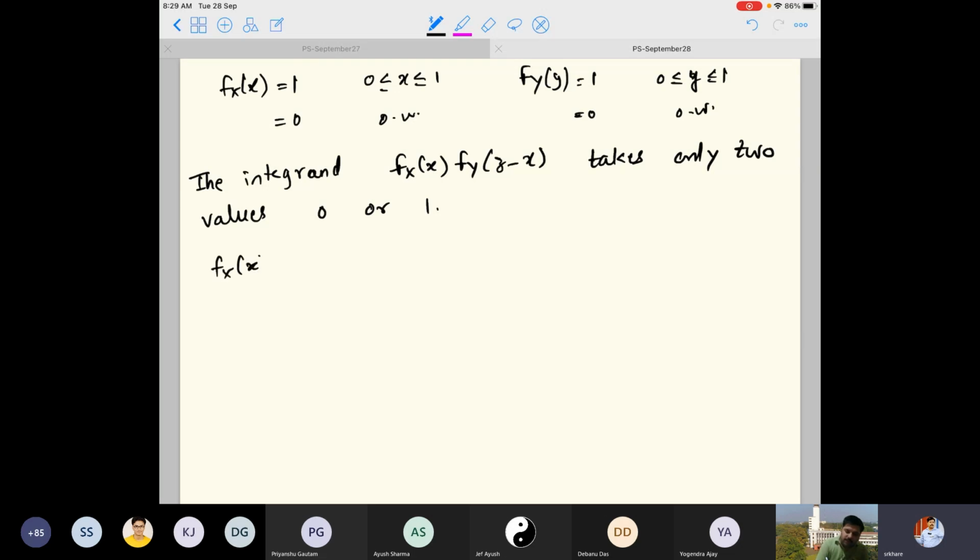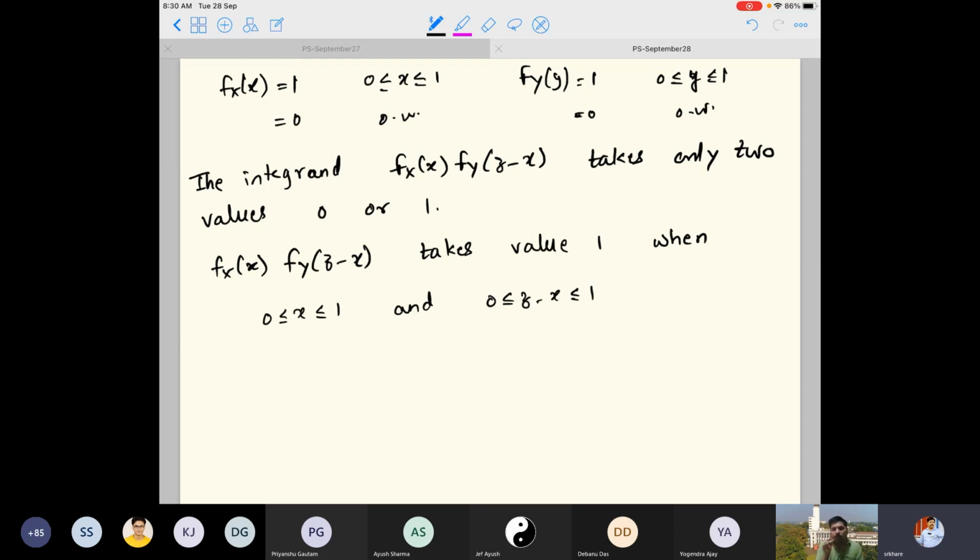So fX(x) into fY(z minus x) takes value 1 when the arguments are in the range 0 to 1. The argument is 0 less than or equal to x less than or equal to 1, and the other argument z minus x is also between 0 and 1.